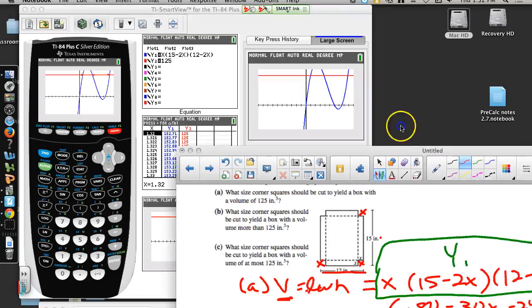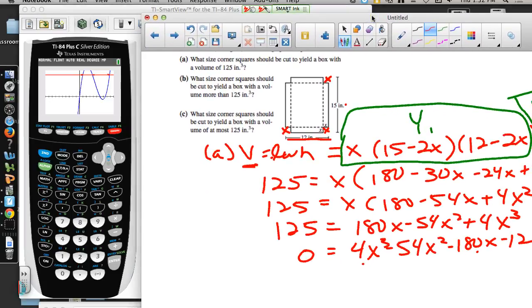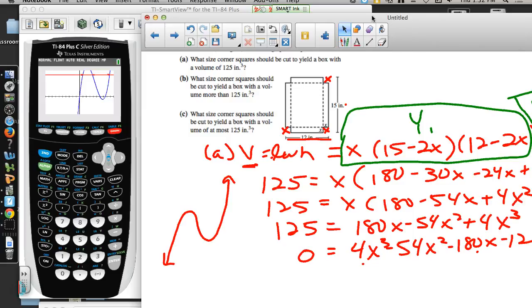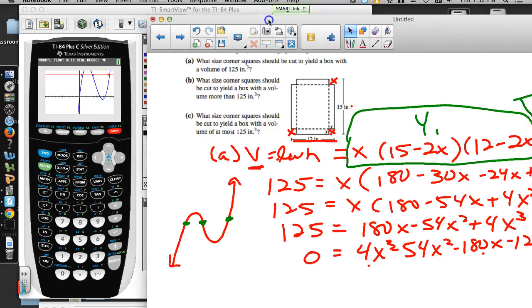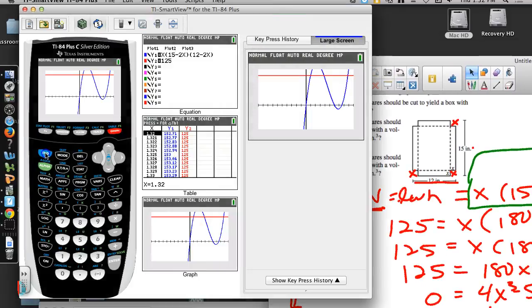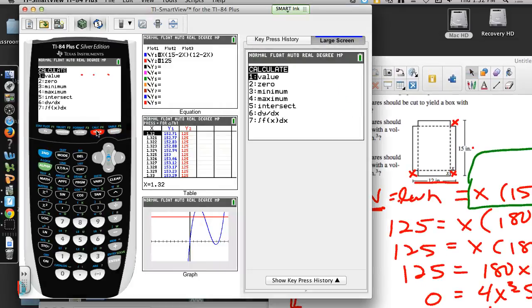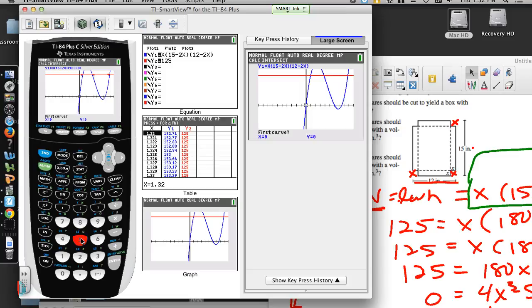So let's go back over here where I can get things labeled a little bit better. And we would use second intersection to find those points. So let's find out where those are at. Second trace, number 5, and there's Blinky down below, but I want Blinky in position to find this first intersection.